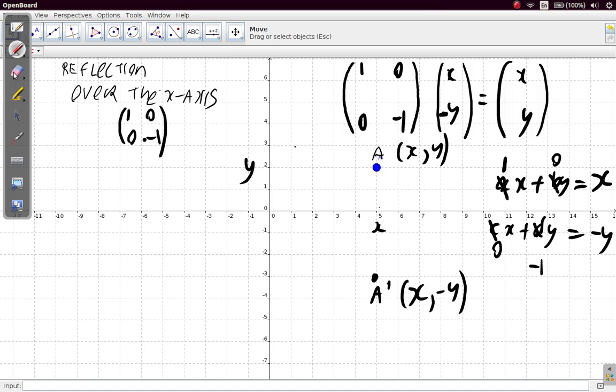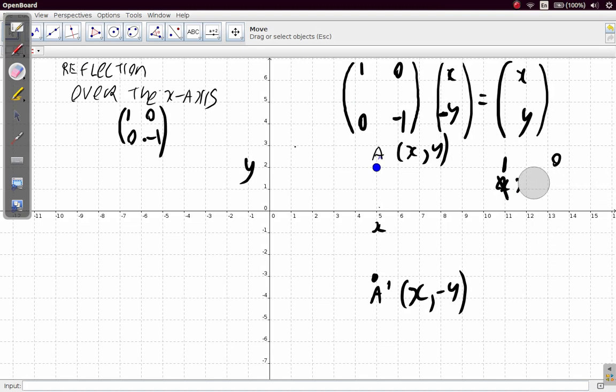Right? Let me do some erasing of some of the work that I did here. Don't want the board to be too crowded. Alright, so x, negative y is right here.